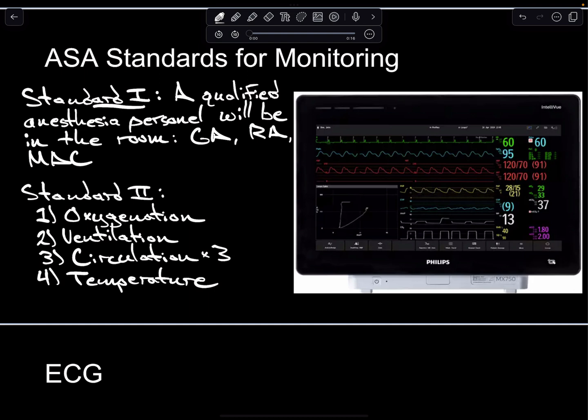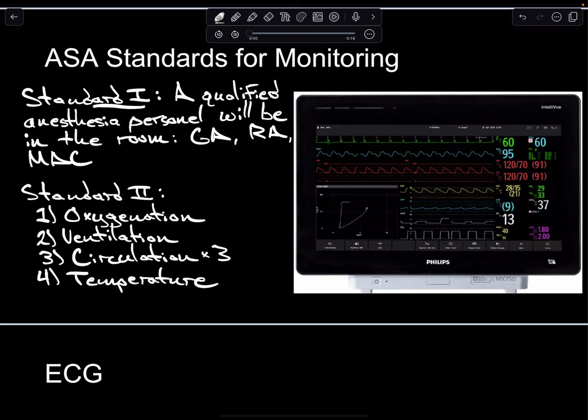I'll say in my experience in Rapid City and in Sioux Falls, almost all cases include a 5-lead EKG. They're going to have a minimum of a blood pressure that's cycling at least every 5 minutes. And then there has to be at least one additional continual circulatory assessment.